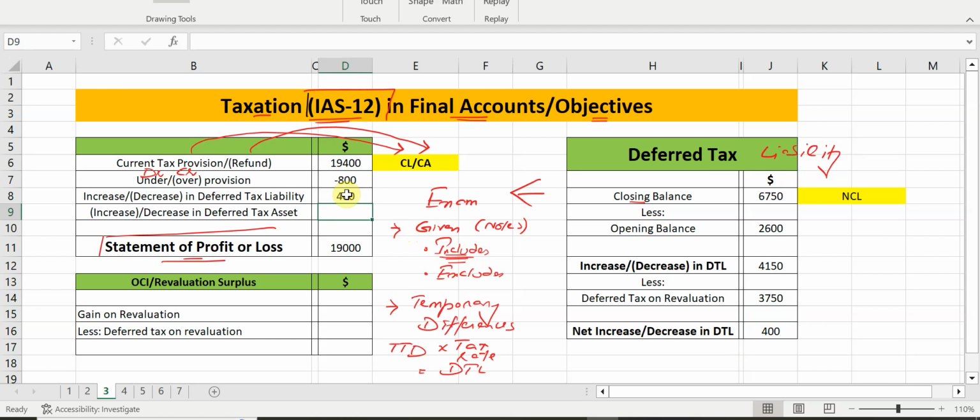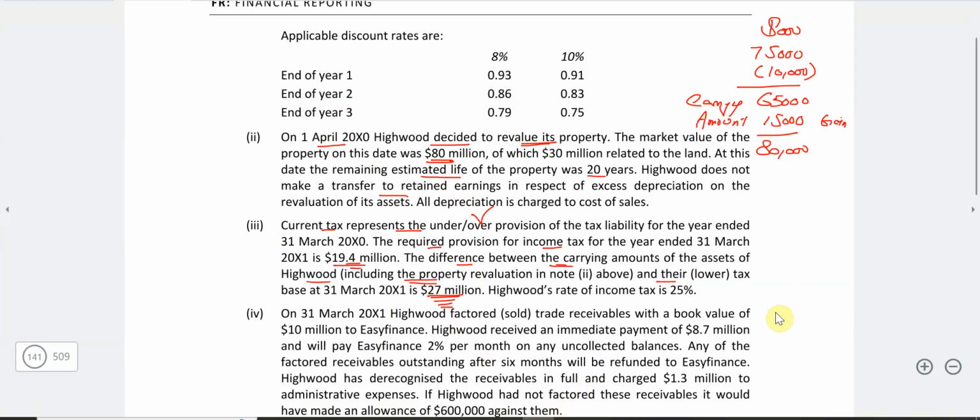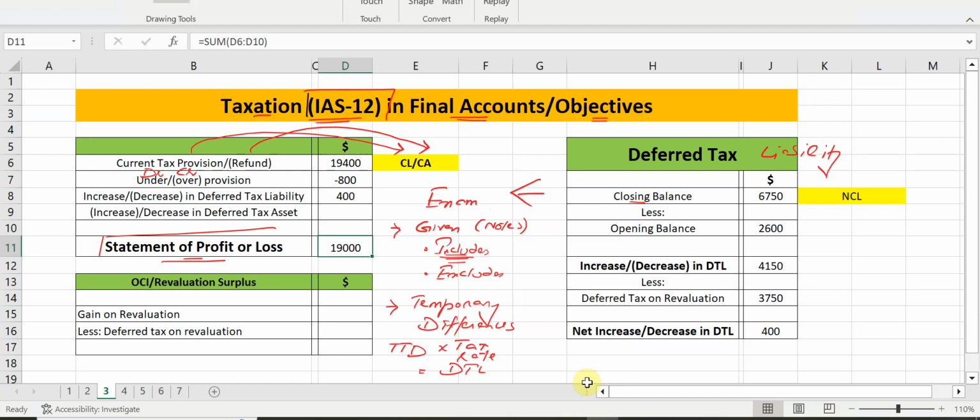So the statement of profit or loss figure of the tax is 19,000. This 19,000 is what we are going to record in the statement of profit or loss. Just revising what we have said: the gain on the revaluation is 15,000, and the deferred tax on revaluation is simply the gain multiplied by the tax rate.